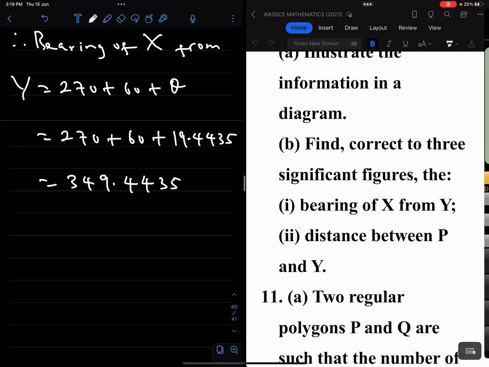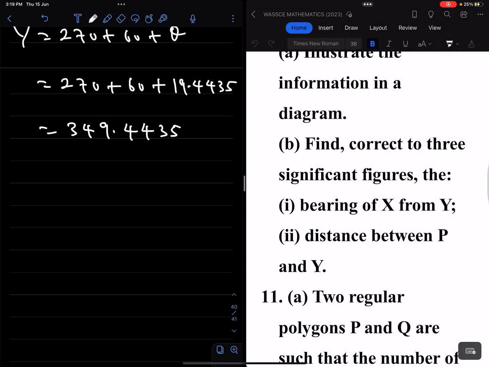They say we should find the answer correct to three significant figures, and that's 349 degrees to 3 SF.